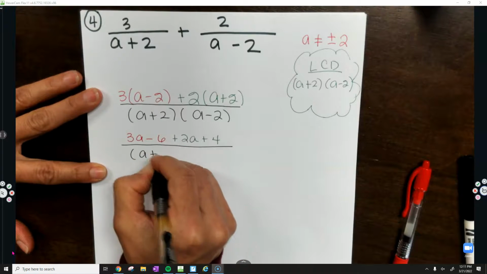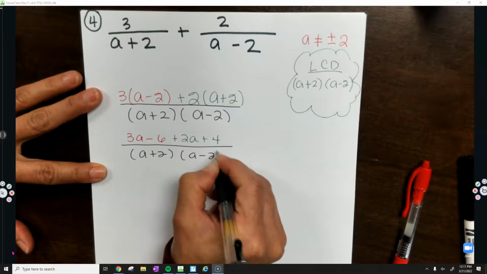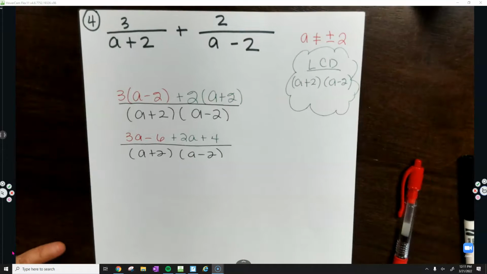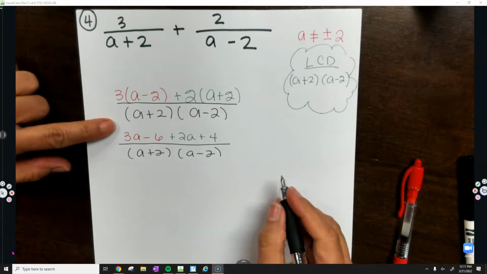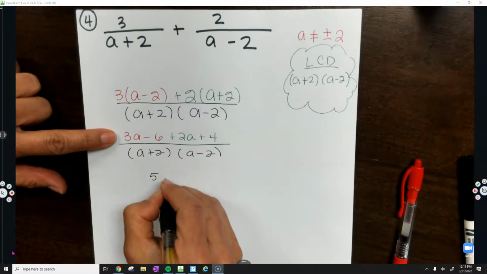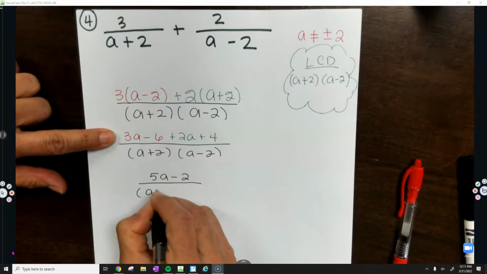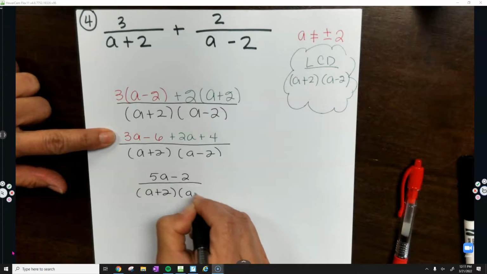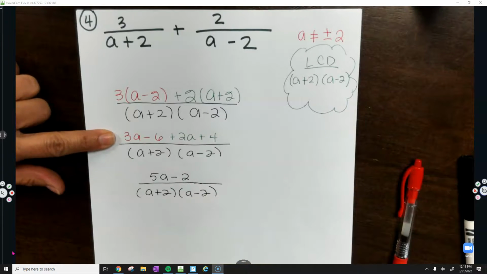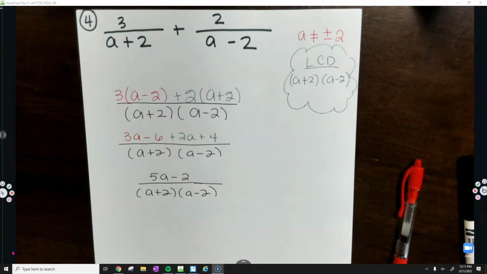Recopy that denominator. All right, so once we start cleaning up the numerator, we're going to have 5A minus 2. And just recopying that common denominator one last time.